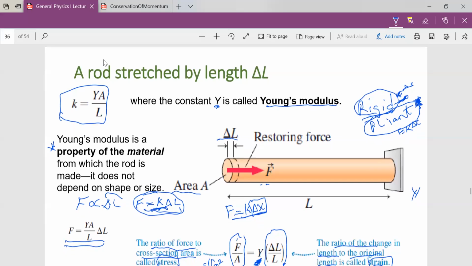So if we replace this with another symbol, say L, where we used X to describe distance, actually it describes the length. We're also replacing it now with change in L, which is the change in length, from the original length to the extended length.